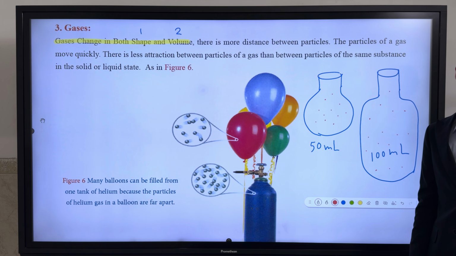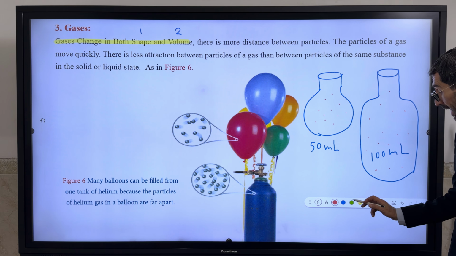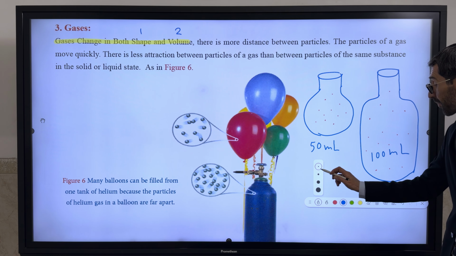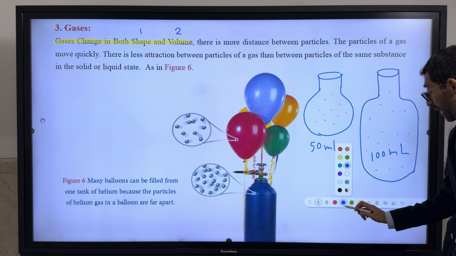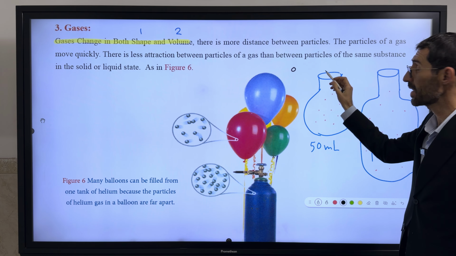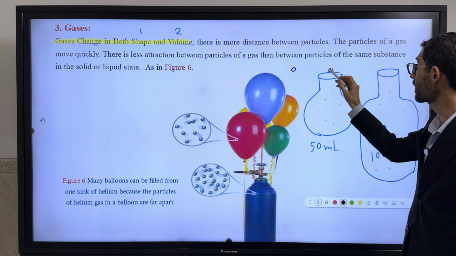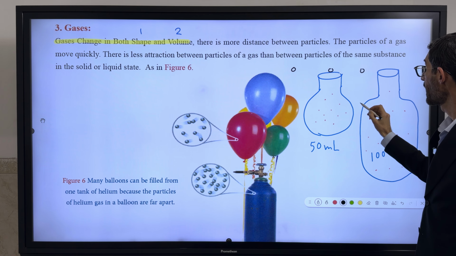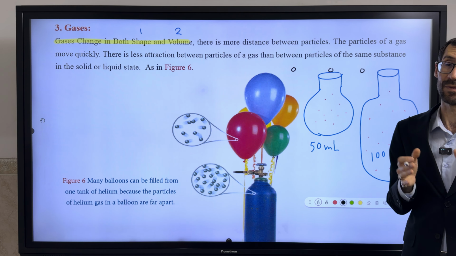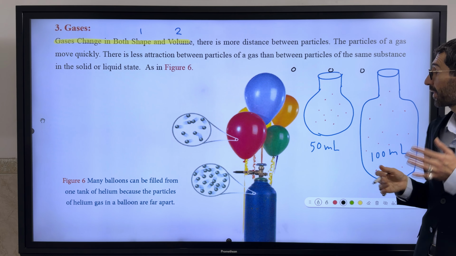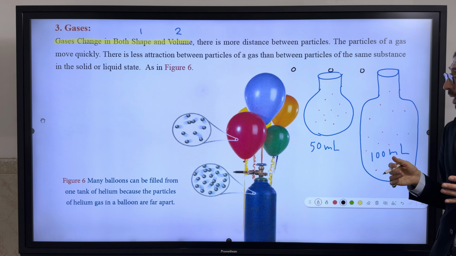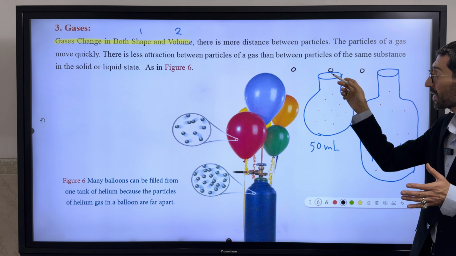It's possible for gases because gas particles are very far from one another, right? For example, think about the particles of gas. This is the first particle, this is the second particle, this is the third one. So there's a big gap between two neighboring atoms of the gases. That's why, whenever you fill any tank, what happens to the gases?